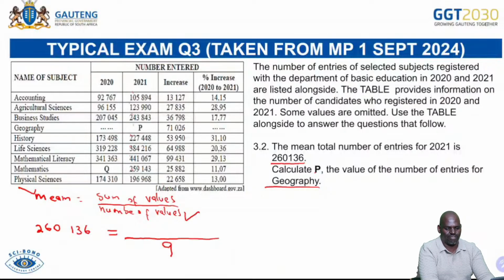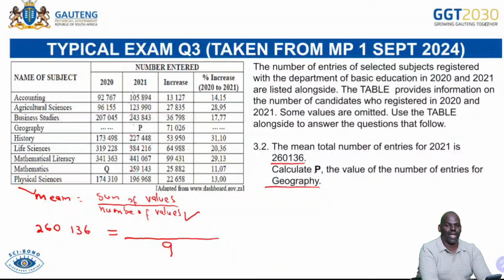So 105,894 plus 123,990 plus 243,843 plus 227,448 plus 384,216 plus 441,067 plus 259,143 plus 196,968.